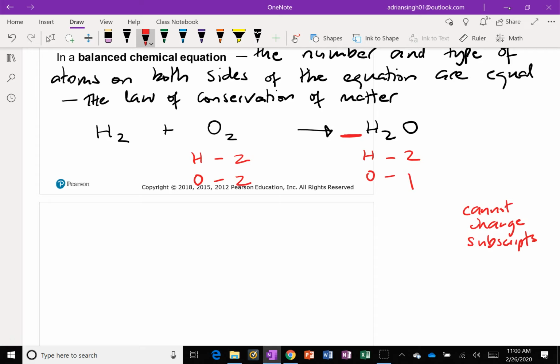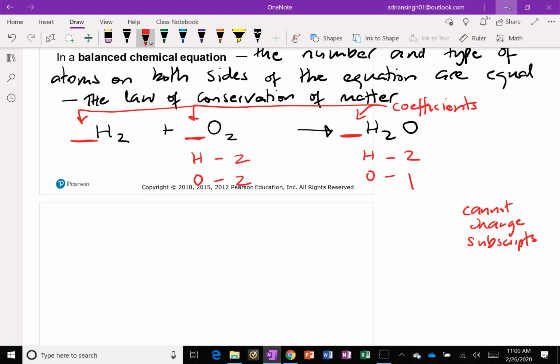And we call these coefficients that we're going to place in front of each of the formulas in our equation. So if I want to have 2 O's on the right side, the only thing I can do is to have 2 of the water molecules.